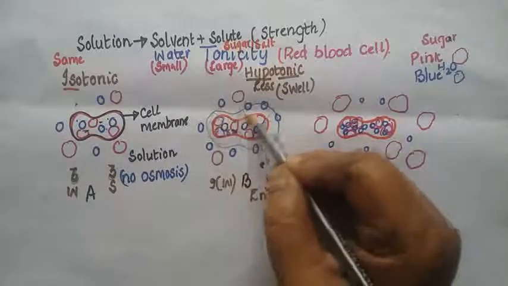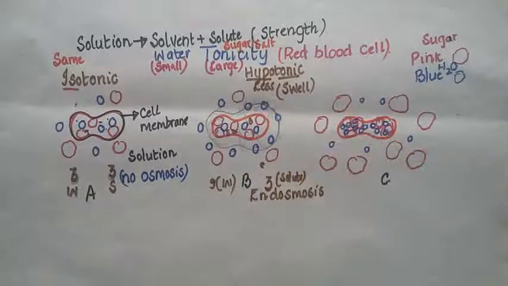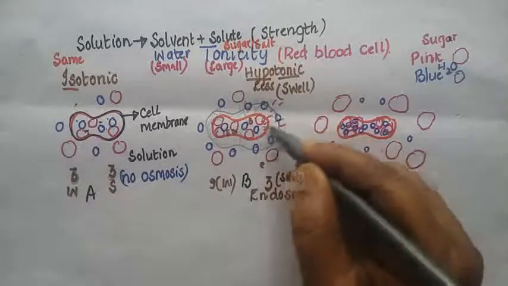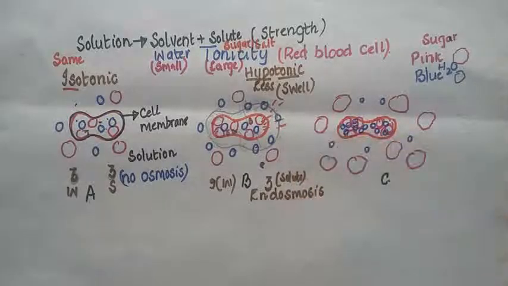The cell membrane of the RBC will rupture after increasing in size, and all the cellular contents will be thrown out of the RBC. So it loses all its cytoplasm.